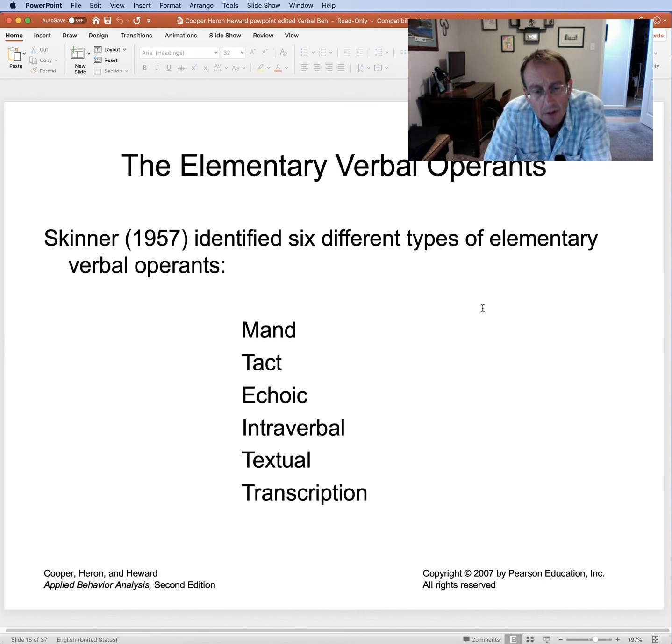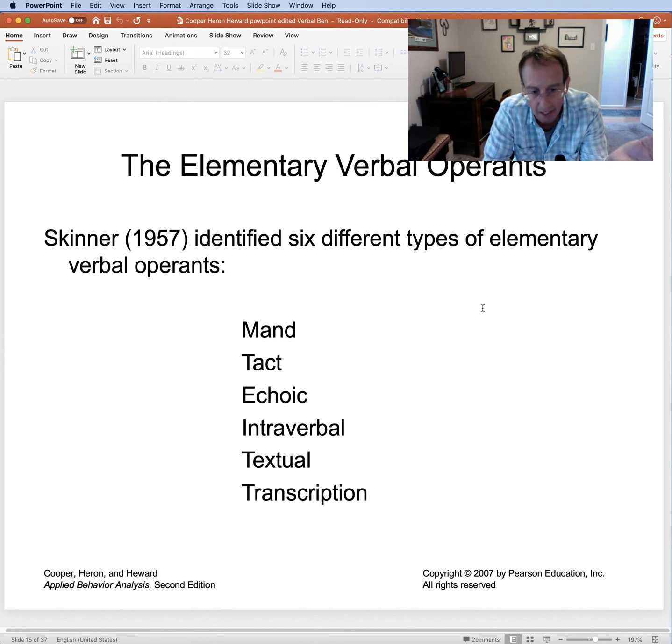Intraverbal, remember, your only reason for saying them is because of an antecedent stimulus, but it's not echoic. There's not a one-to-one correspondence, right? Say ball and then you say ball. An intraverbal would be like you answering a question, or somebody saying, "What's that thing? We get in it, we ride, it's got four wheels," and then you say, "Oh, it's a car." Well, you're only saying it.